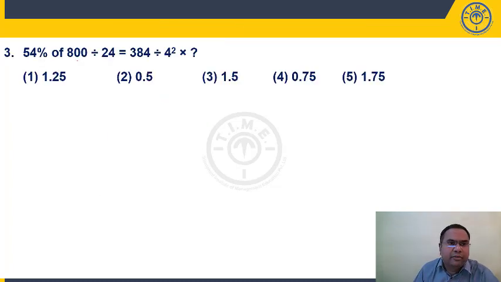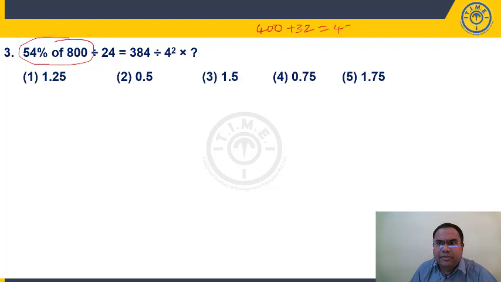Question number 3. 54% of 800 divided by 24. 54% of 800. So how much is 50%? Half of 800, 400. 1% is 8, 4% is 32. So 54% will be 432.